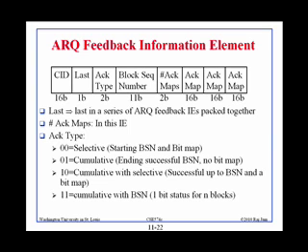Then you could have cumulative with selective, where selective up to a BSN and then a bitmap, and then one is cumulative with basically 1 bit status for the n blocks.